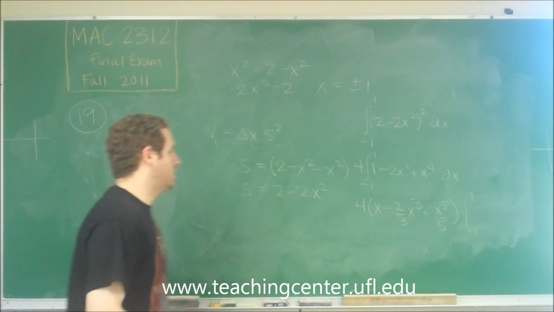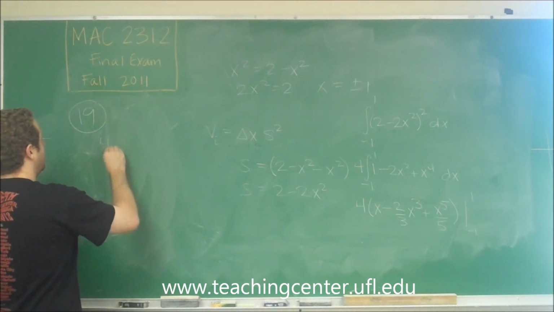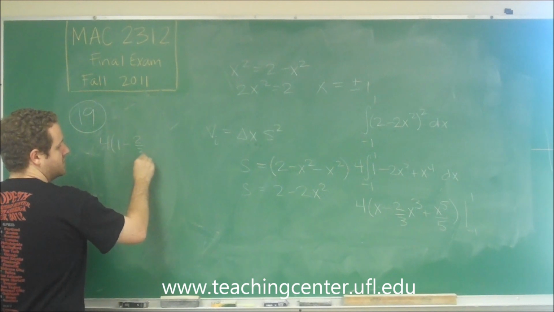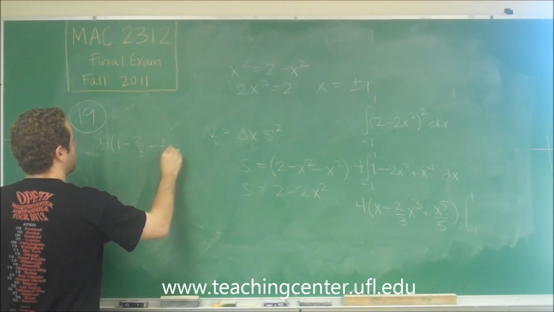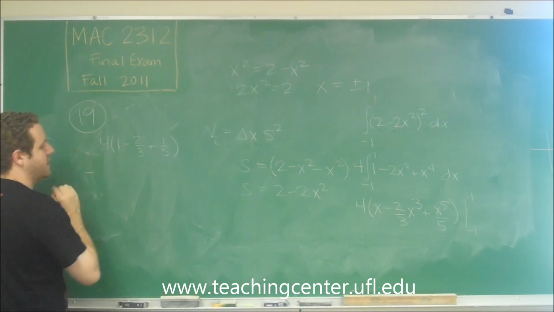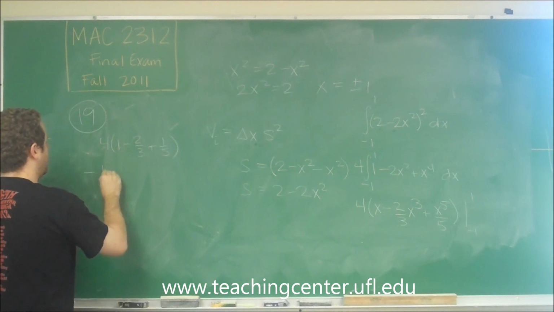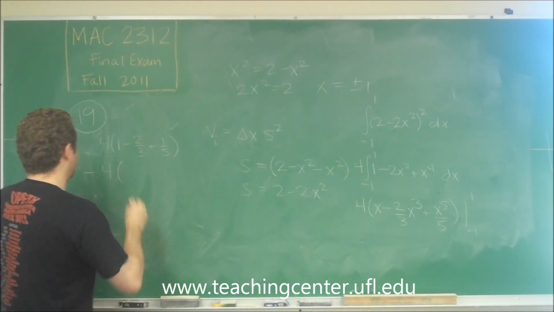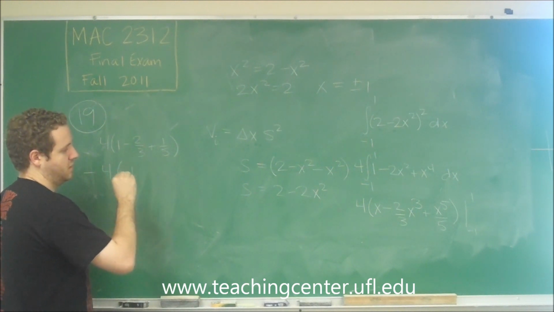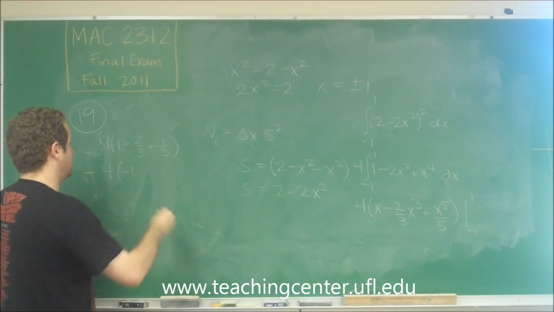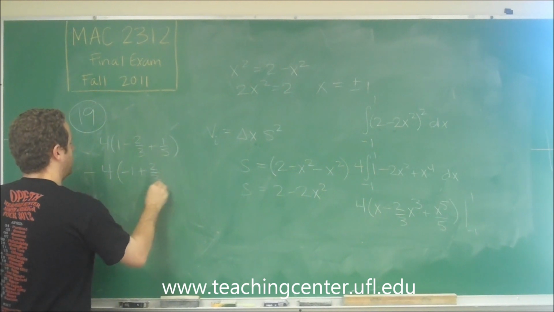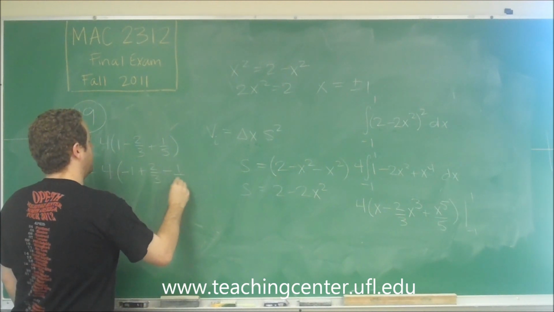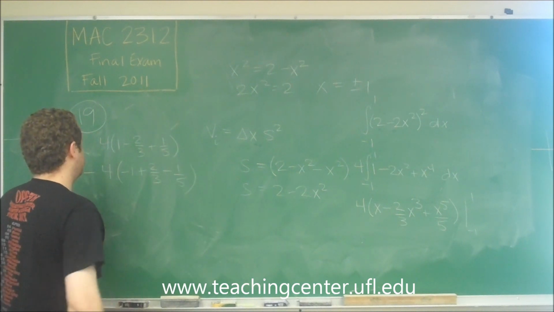So when we plug in 1 first, we get 1 minus 2/3 plus 1/5. And we have to subtract away what we get when we plug in negative 1. So if we plug in negative 1, we get negative 1. Negative 1 cubed would be negative 1, so we get plus 2/3. And then negative 1 to the 5th is still negative, so we get minus 1/5.